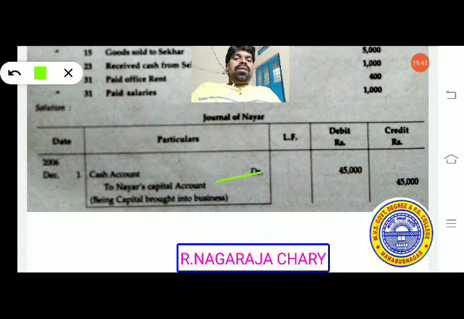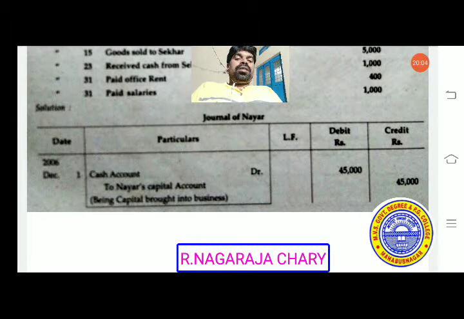Nair is the giver, so that is why it should be credited with 45,000 rupees. According to real accounts, cash account is to be debited, that is 45,000 rupees. So this is the journal entry.